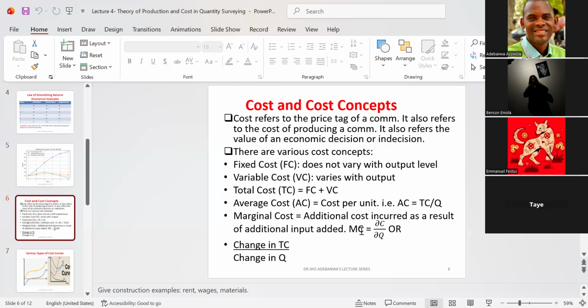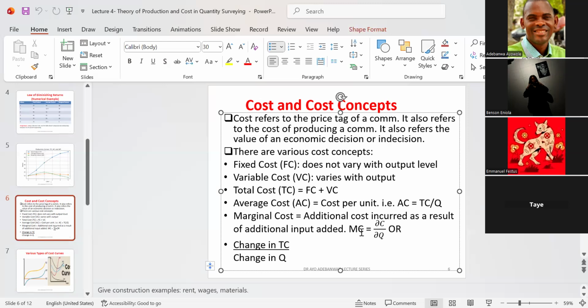MC is equal to dTC/dQ. That means you differentiate TC with respect to Q, or change in TC over change in Q.